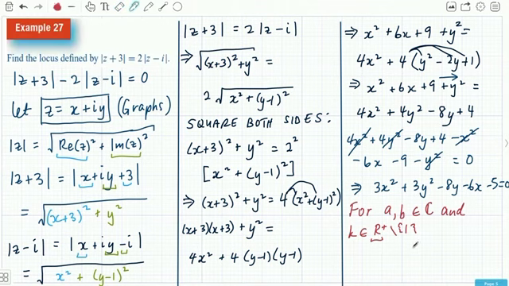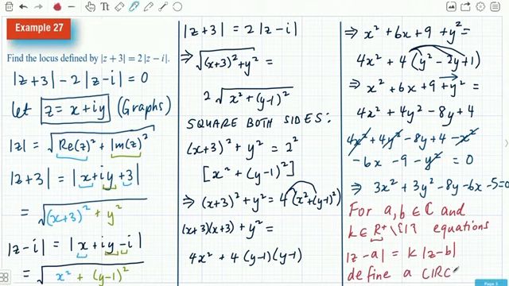So provided that that's satisfied, any equation written as modulus of z minus a equals k times modulus of z minus b will always be a circle. So you can actually see that this equation here satisfies this expression.